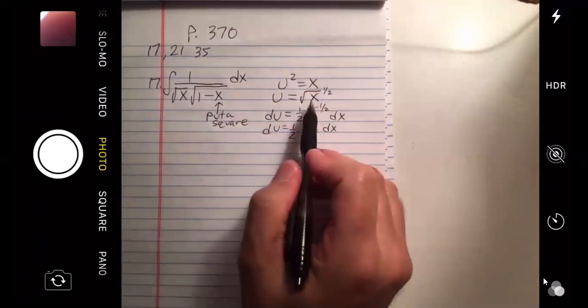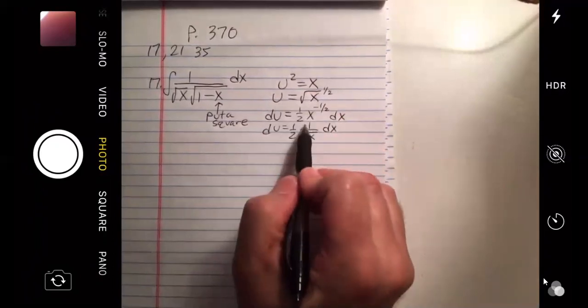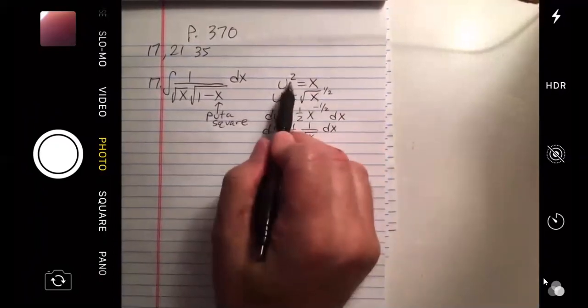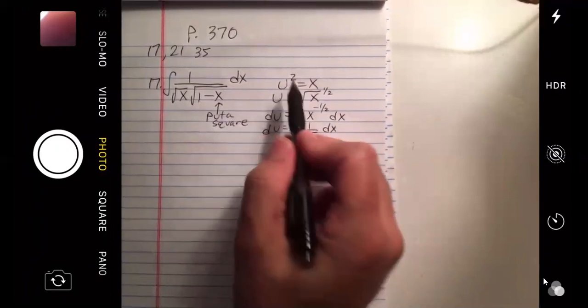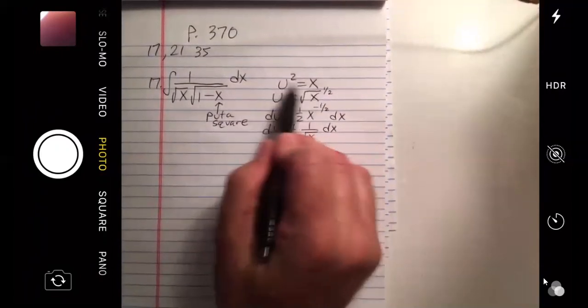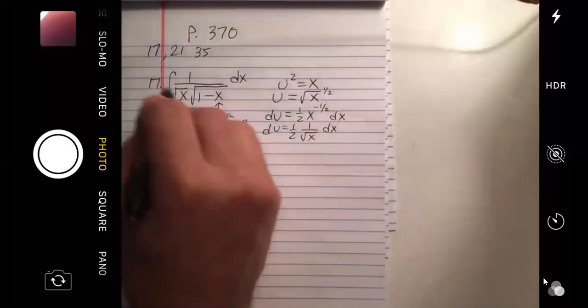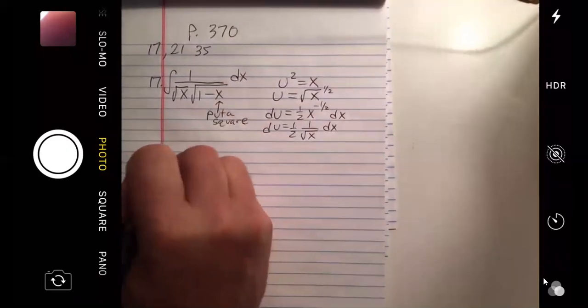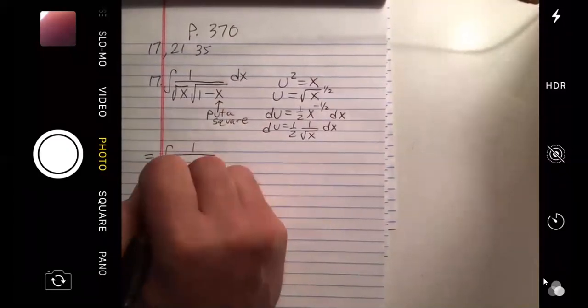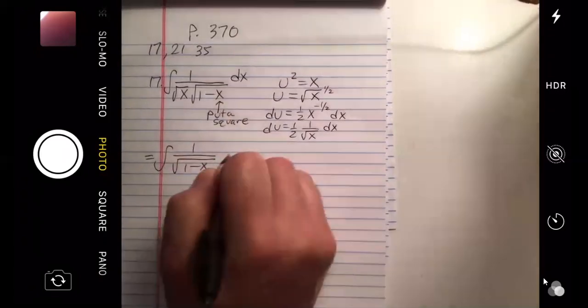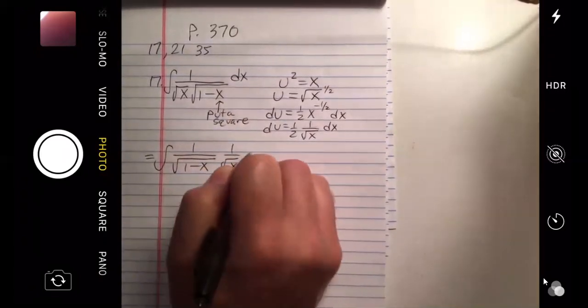So last sections, we just started with u and a du. These sections, I like to write down the initial step if I need it, that you plug in a u squared. Let me rewrite the 1 over square root to the back to make it more obvious: square root 1 minus x, 1 over square root of x dx.